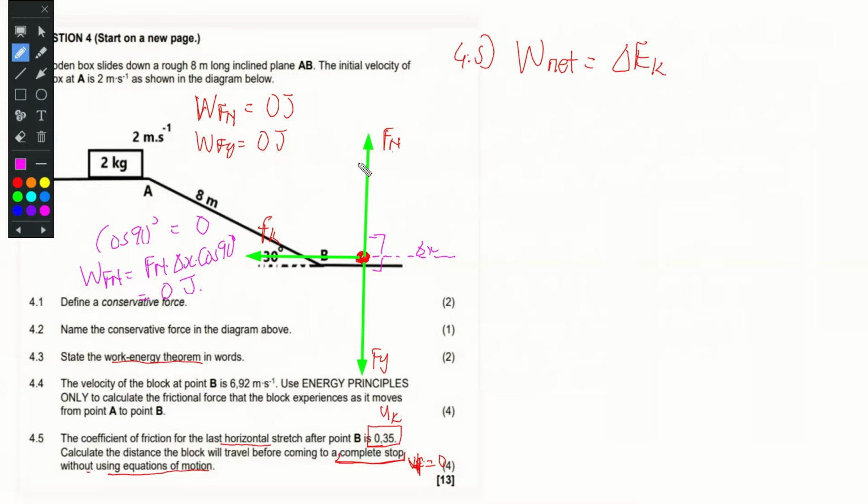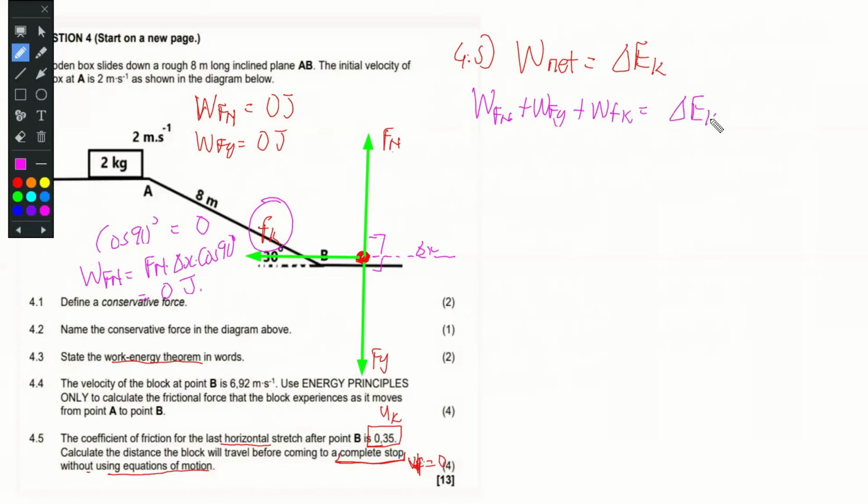So, okay, that means in that case, the only force that will be doing work on the object is what? Fk. Here, if you want to break it down, this is work done by Fn plus work done by Fg. Remember, WNet is a sum of all the work done by the forces present on that particular object, plus work done by Fk is equal to what?